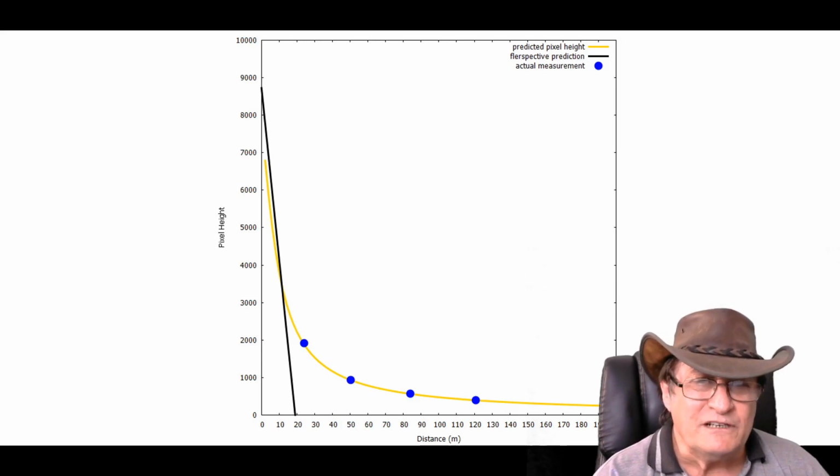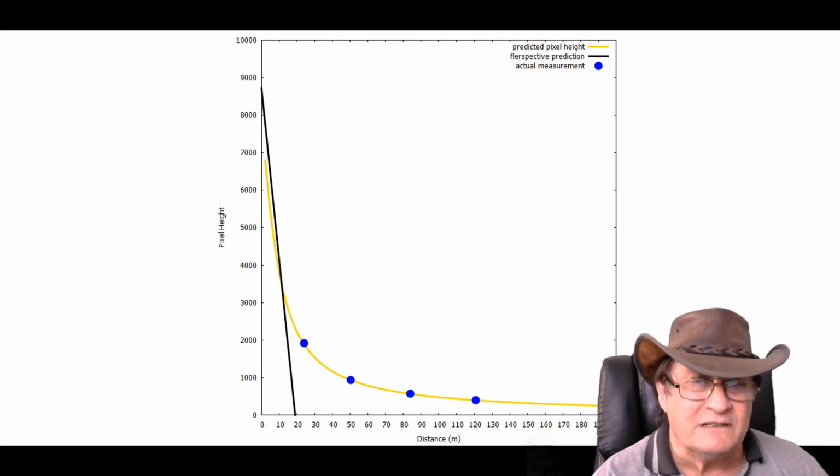And the Flerspective line, that black line there, is nowhere near it. We're already beyond the equator, and according to that, Polaris shouldn't be visible. That black line is the linear Flerspective line, the one that's supposed to be how our vision works. Well, my vision doesn't work like that. And certainly when I took that photo, the camera's vision didn't work like that.